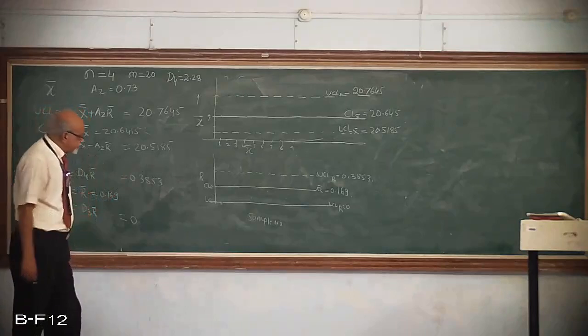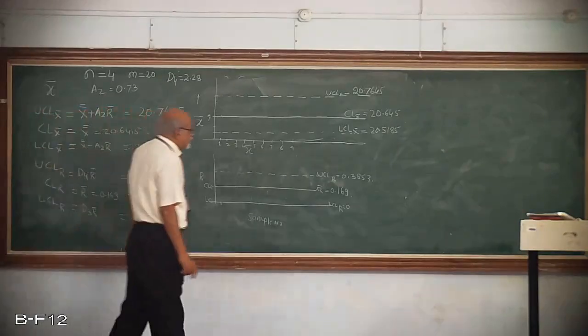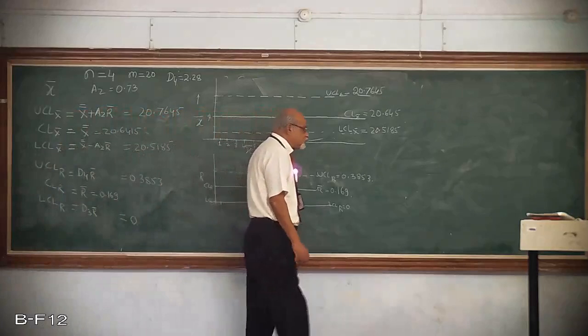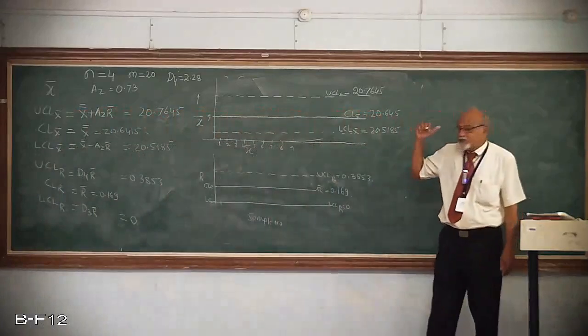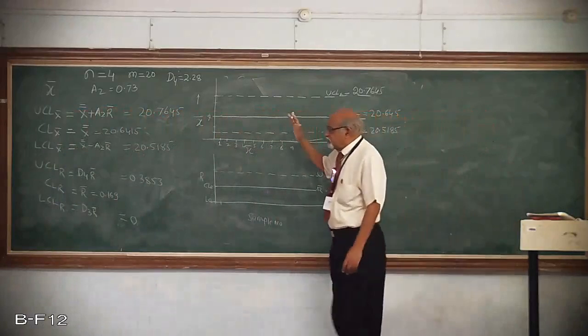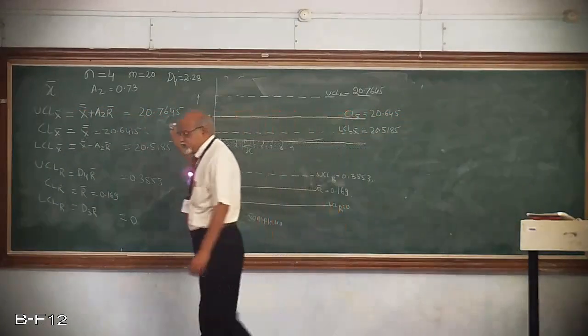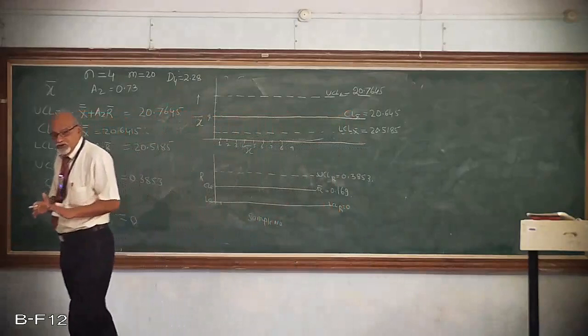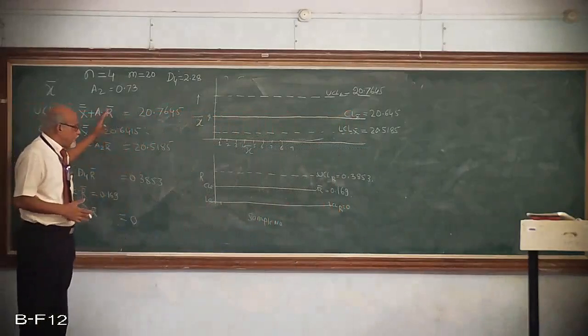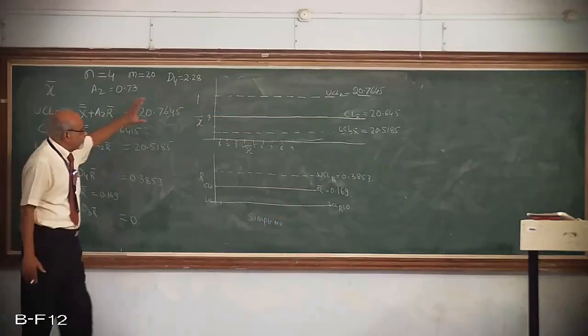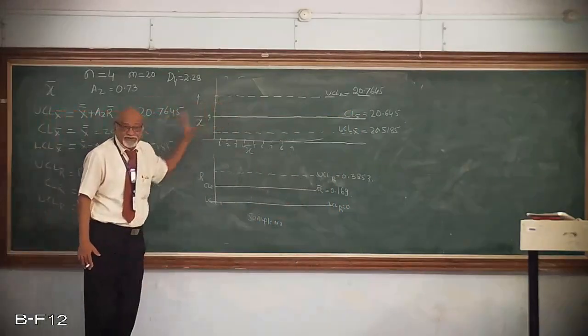At this juncture, I want to bring up two things. Because this problem is solved, but I am going to bring in certain other concepts. Now we said the process is under control or not under control. Okay, fine. That is what I told you. But here, our task was limited to finding out and estimating these things.